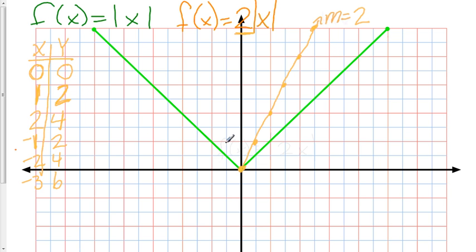So on this side, we are going to have those coordinates, which connect and make the slope of this side a negative 2. So this will change the slope of both sides of the absolute value.